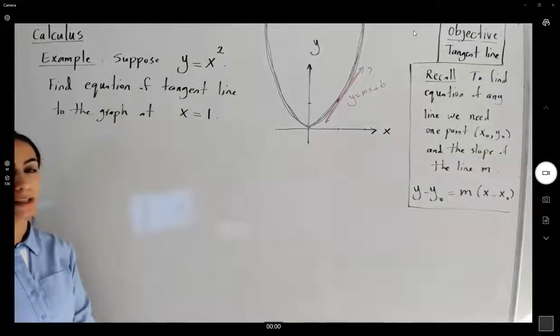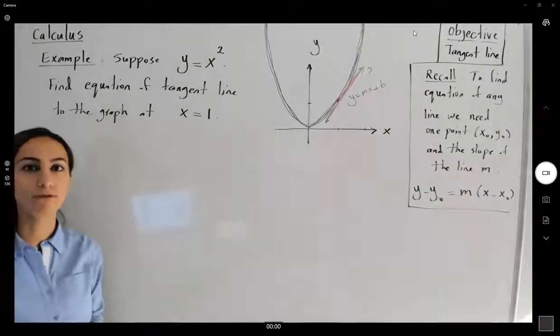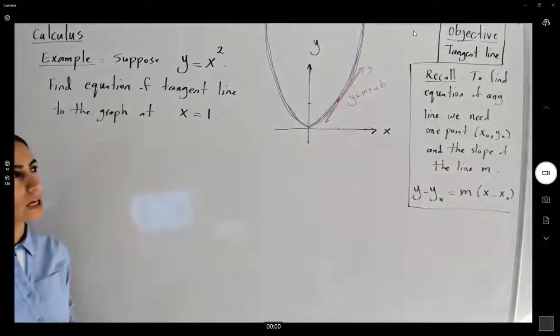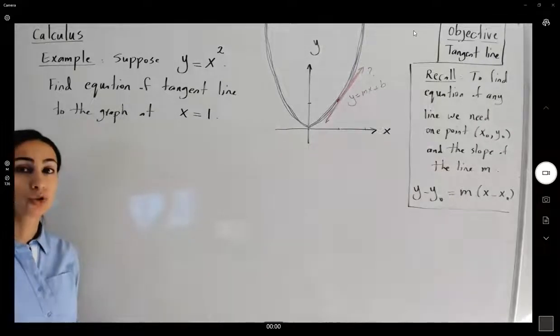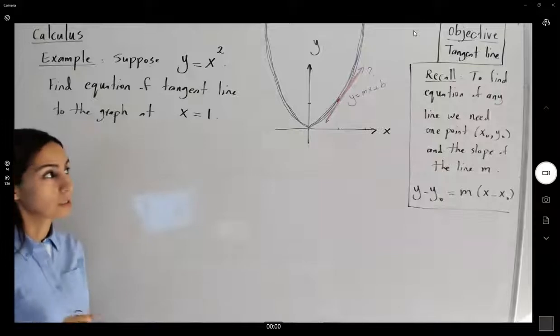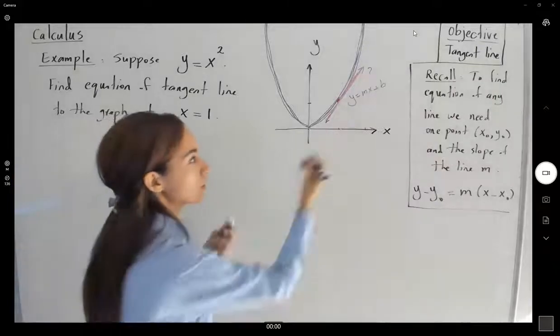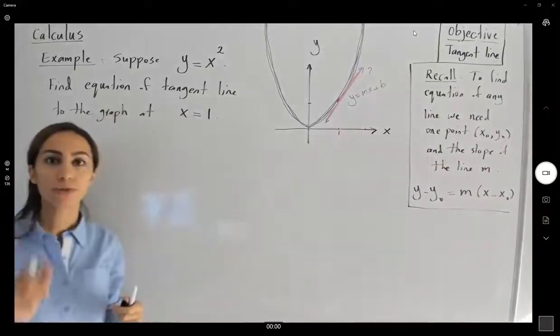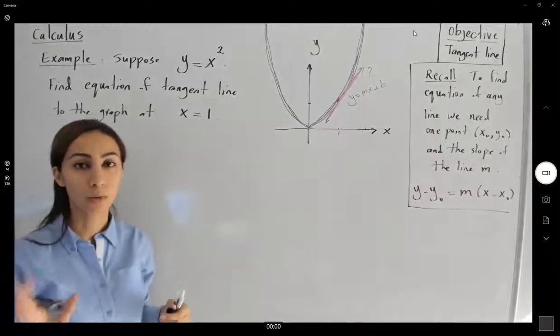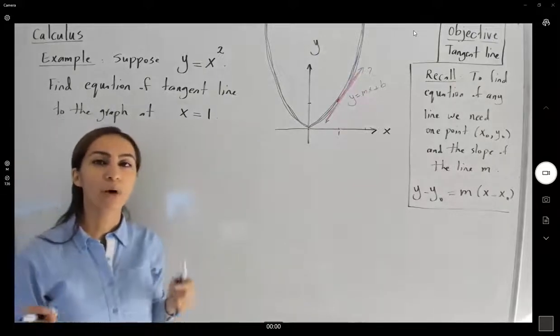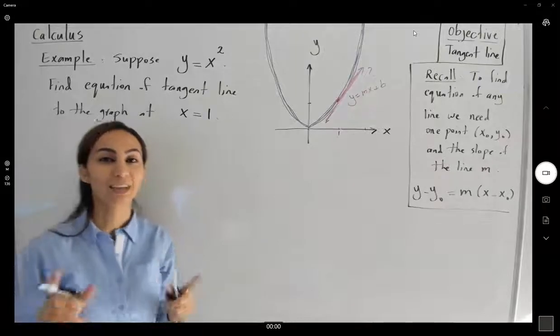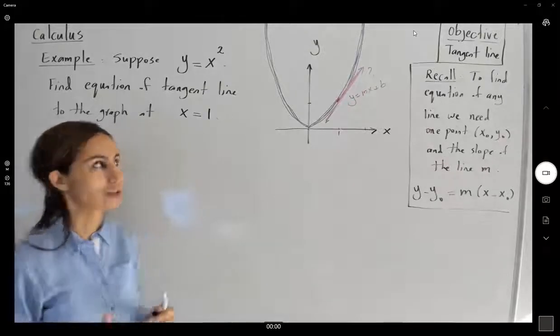Well, what was suggested before was, okay, we're going to take 2 points. Instead of working with just 1 point, like 1, we're going to take a nearby point and find equation of the secant line instead of tangent line.